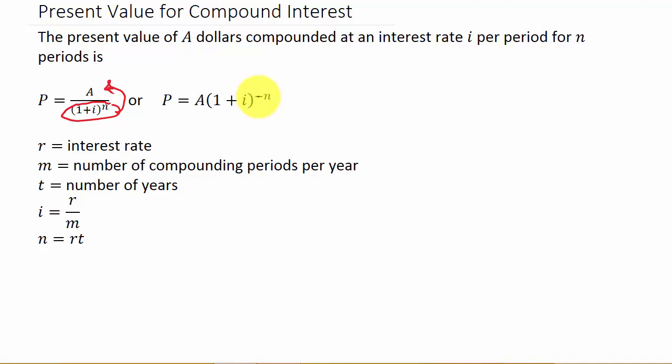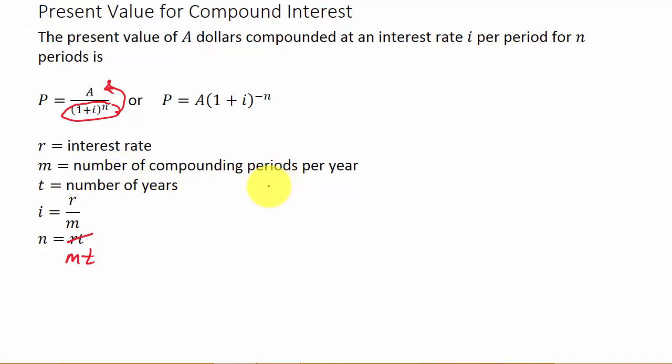All right, so r is the interest rate, m is the number of compounding periods per year, t is equal to the number of years, i is equal to r over m, and n is equal to m times t. Not a typo there.